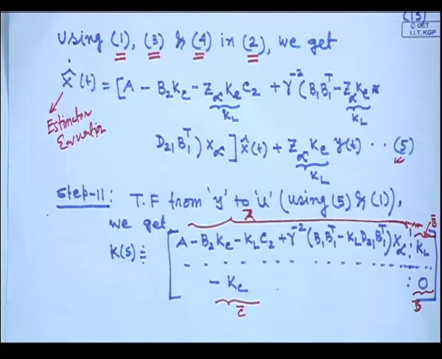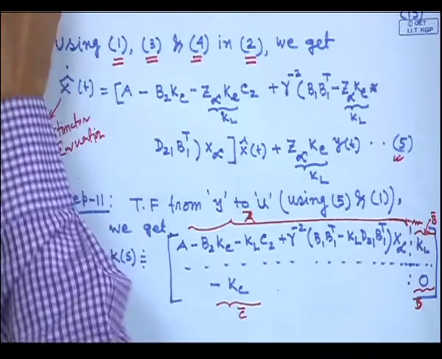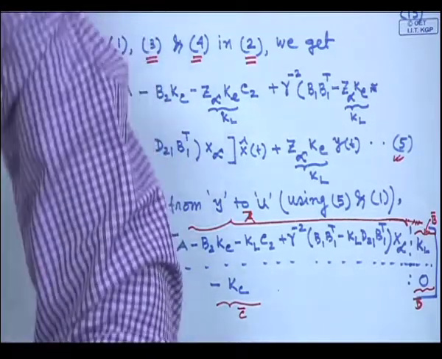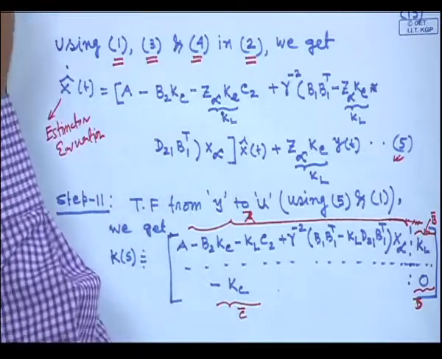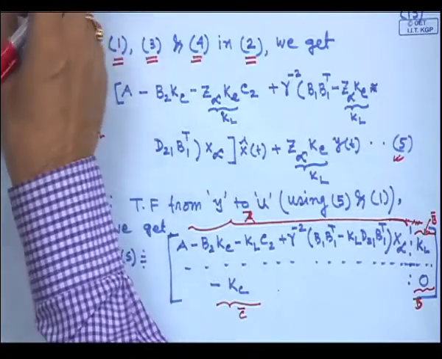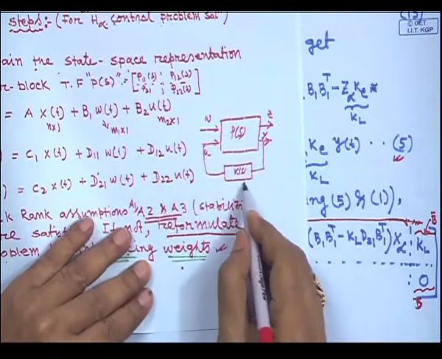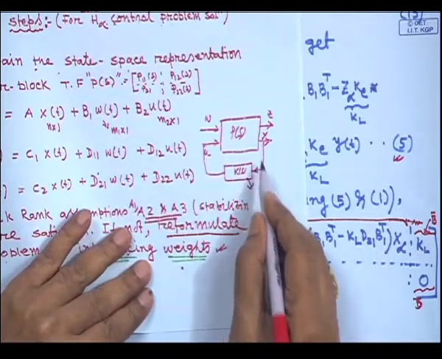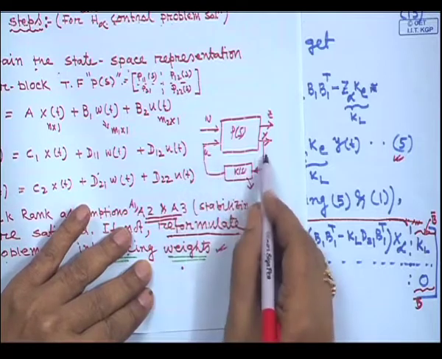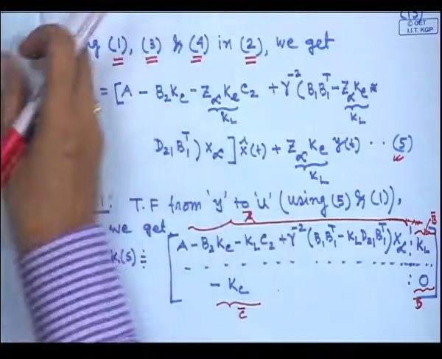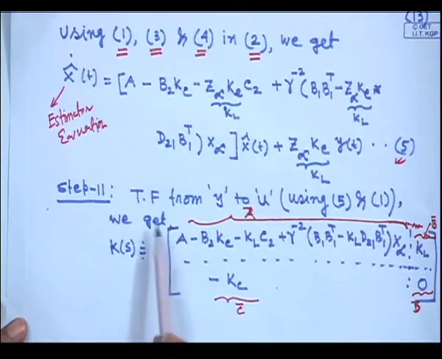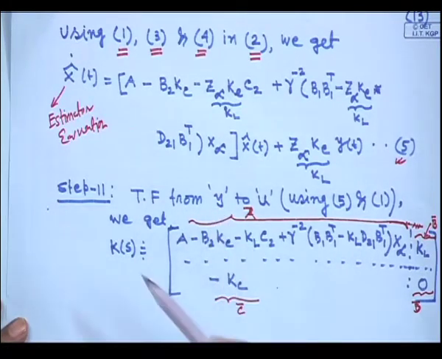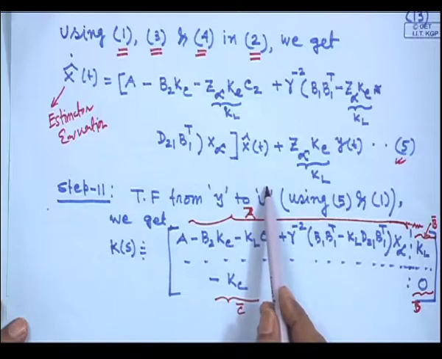Now, if somebody wants to find out the transfer function of the controller, as you see from the very beginning I have written a transfer function of this controller, between y and u. So, one can easily find the transfer function of this one. Step 11, transfer function with y as the input to the controller and u as the output of the controller.